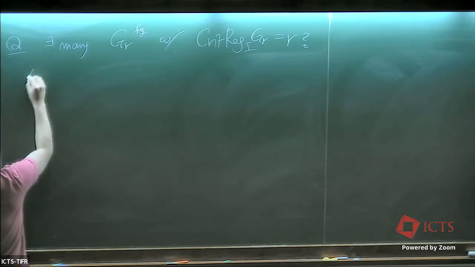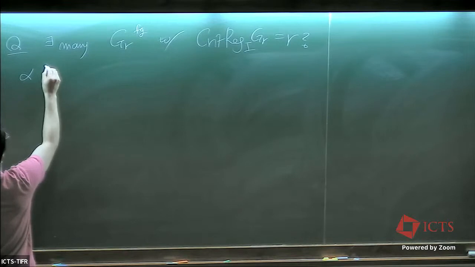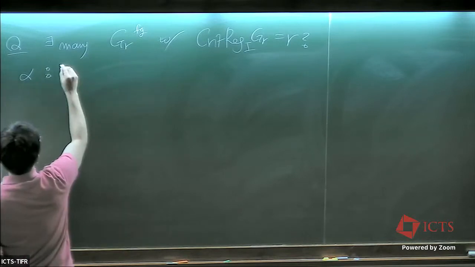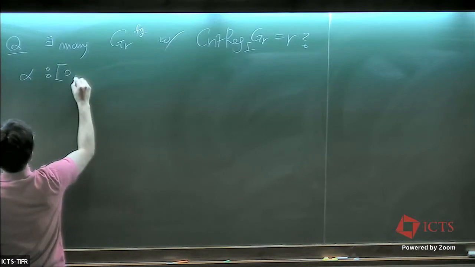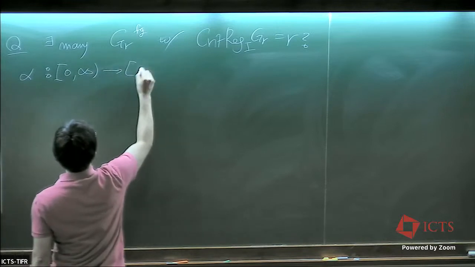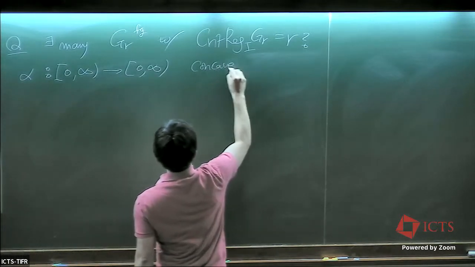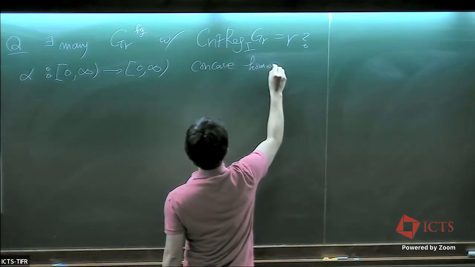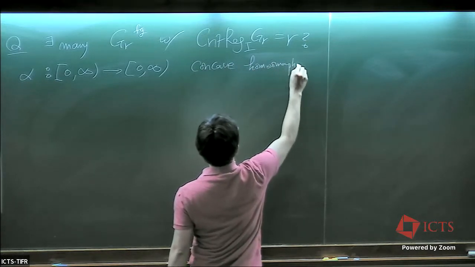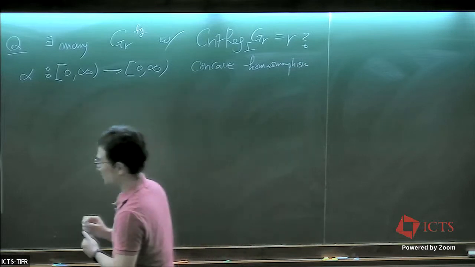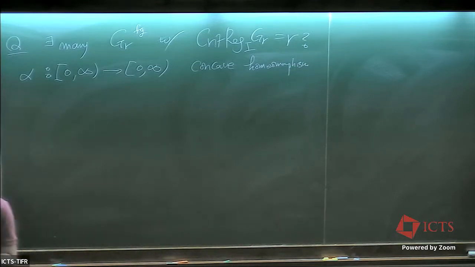So consider alpha as a concave homeomorphism of 0 to infinity. Then such a map can be used to measure the continuity of a function. In other words, the modulus of continuity.